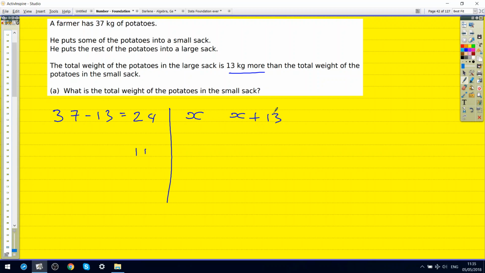What do you get when you add these two together? So those two added together gives you 37, and then I would just solve it. Yeah, and so you did that over here and you got 24.